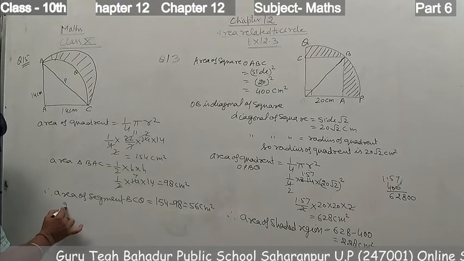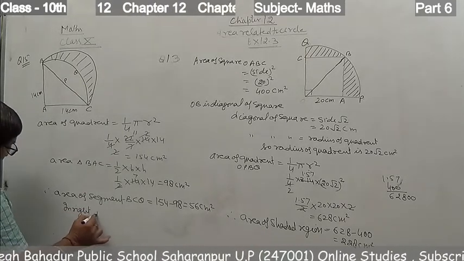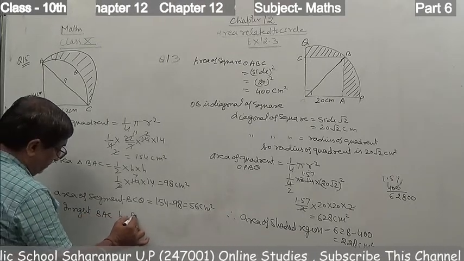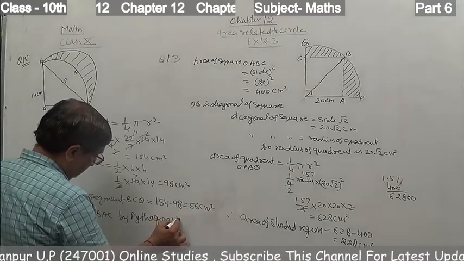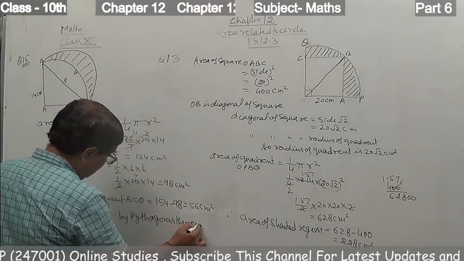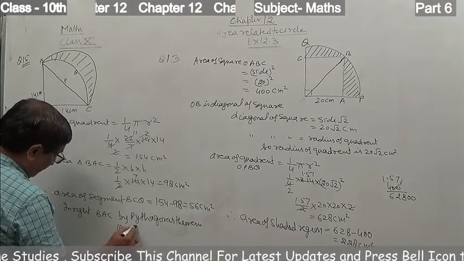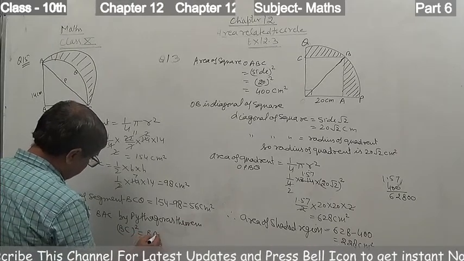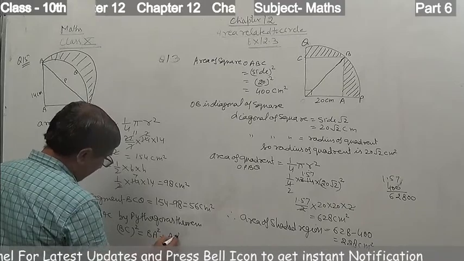Now in right triangle BAC, by Pythagoras theorem, BC square is equal to BA square plus AC square.